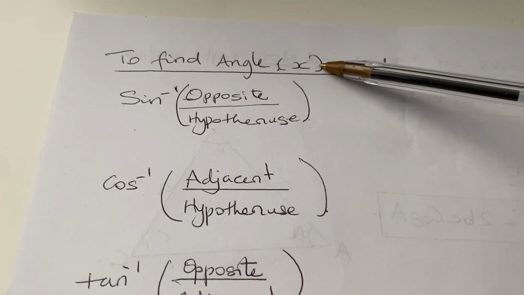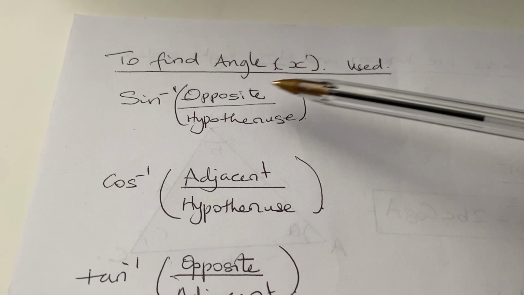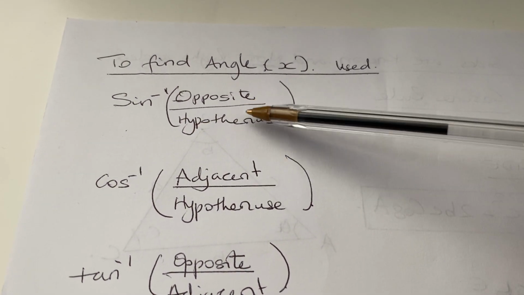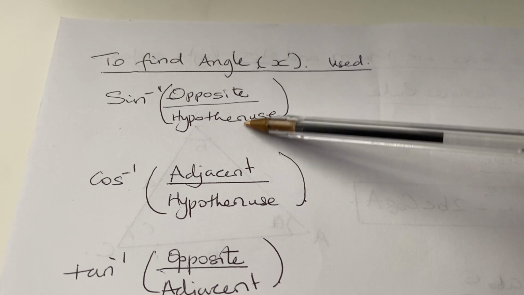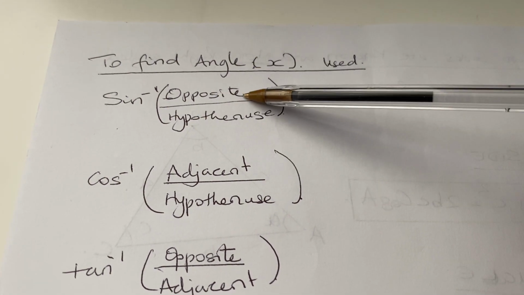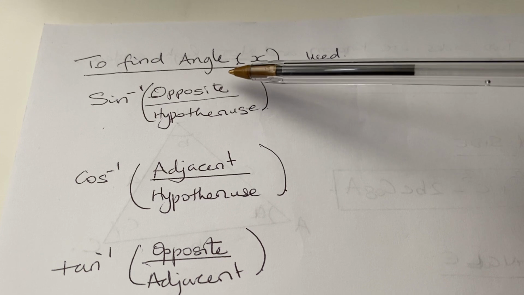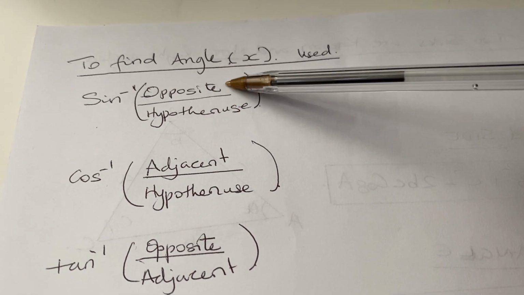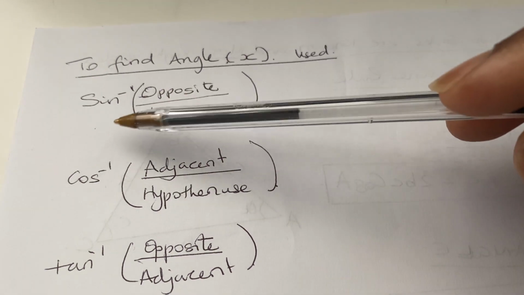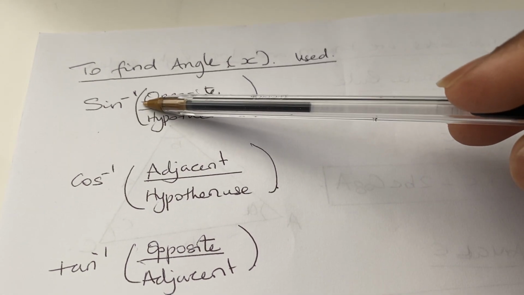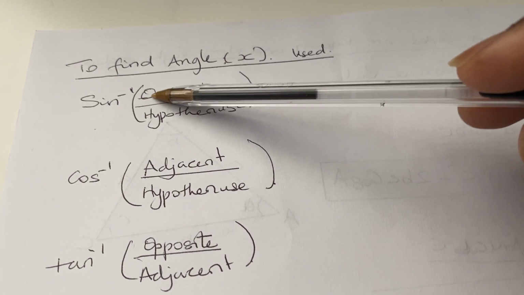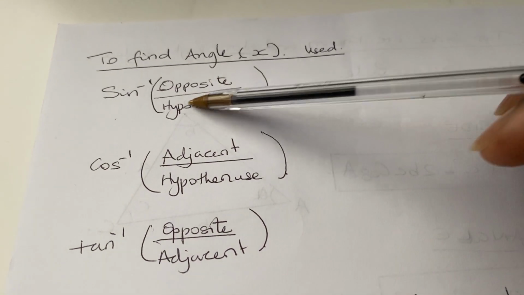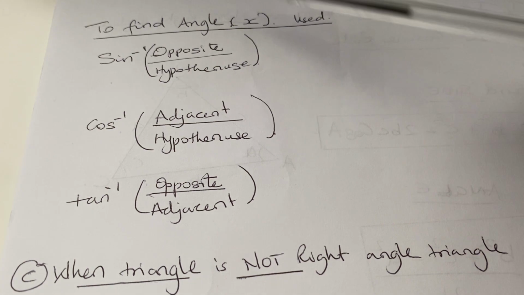Now, to find the angle x, you use the sine inverse. So opposite over the hypotenuse. That means you have an angle, you know the opposite, you know the hypotenuse, you divide it, you find the sine inverse on your calculator. These are things that will come in the calculator paper.